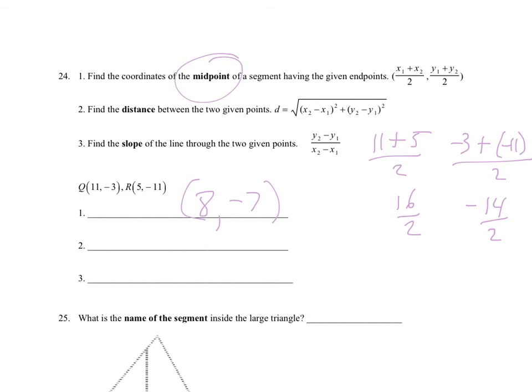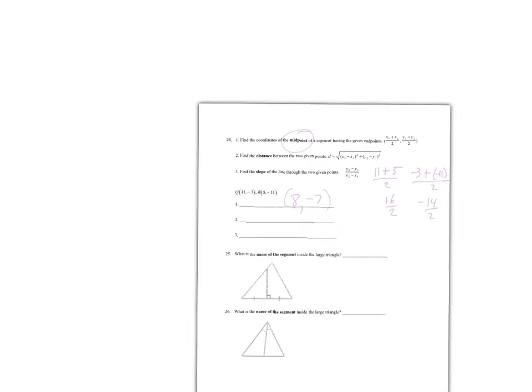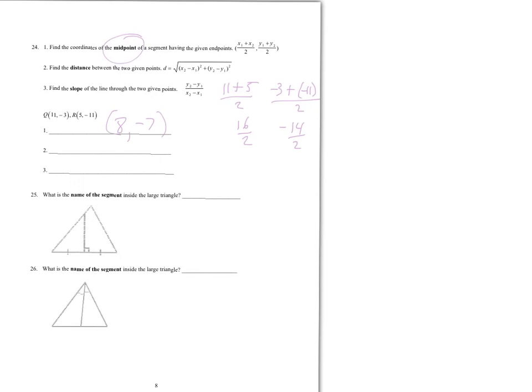Okay, I'm going to zoom or pinch this and move it over here so we can have some space to work. Let's look at 2. Distance formula. I'm going to subtract my x's. So 11 minus 5 squared. Those are my x's.